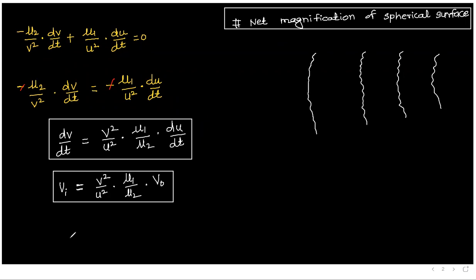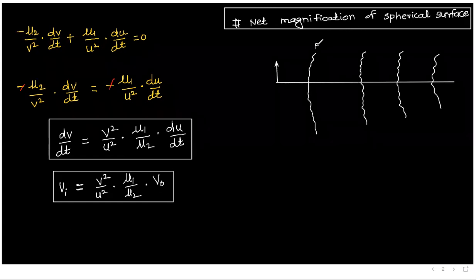So many surfaces we are taking, and this is the principal axis. And now we are going to keep an object somewhere here. This is B1, this is B2, and so on, B3, B4.